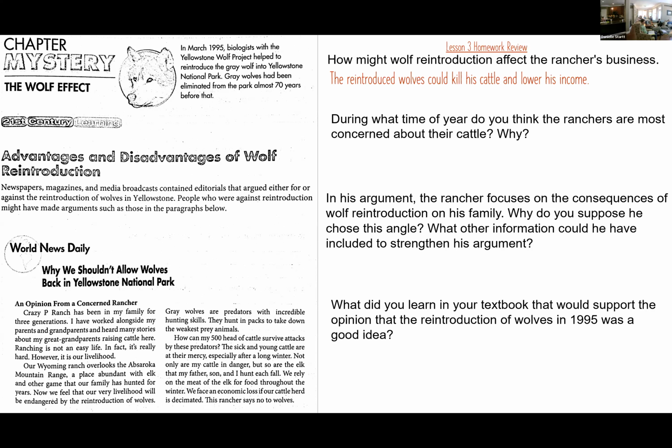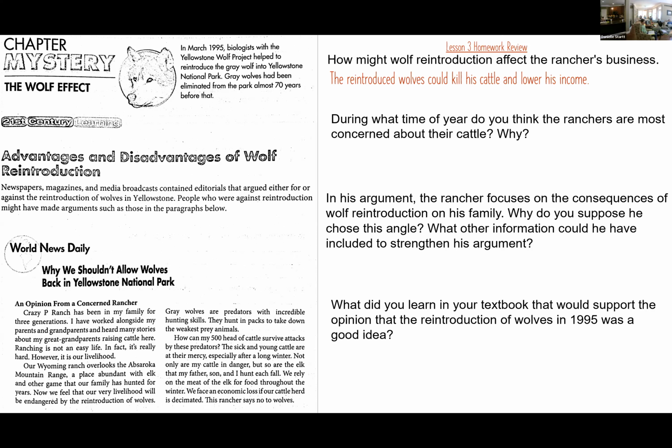So during what time of year do you think the ranchers are most concerned about their cattle, and why, Jordan? Winter, because winter can be hard for the cattle to go through, so they're going to be more vulnerable. Right, they're more vulnerable in the winter. And what else? Winter or early spring, because the wolves are hungry after a long winter and calves are being born.